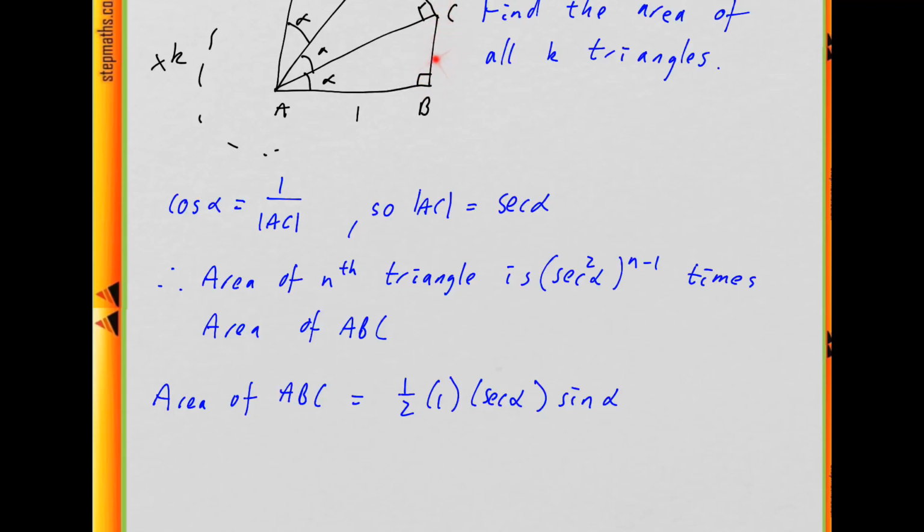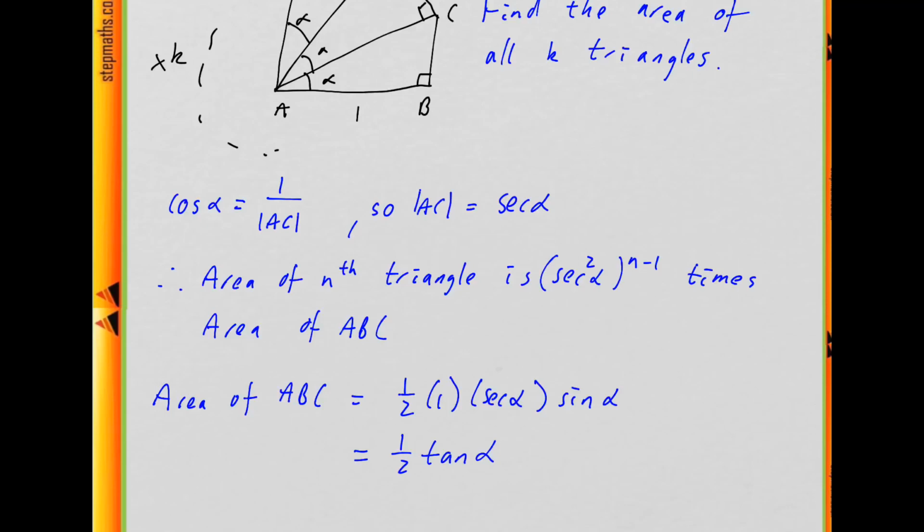So the height is going to be tan of alpha, and then this horizontal is 1, so we do half times tan. We can also do it with half AB sine C, so because we already worked out this is sec, we get sec times 1 times a half, and then sine of alpha, and sine times sec is tan again. So either way we get a half tan alpha.